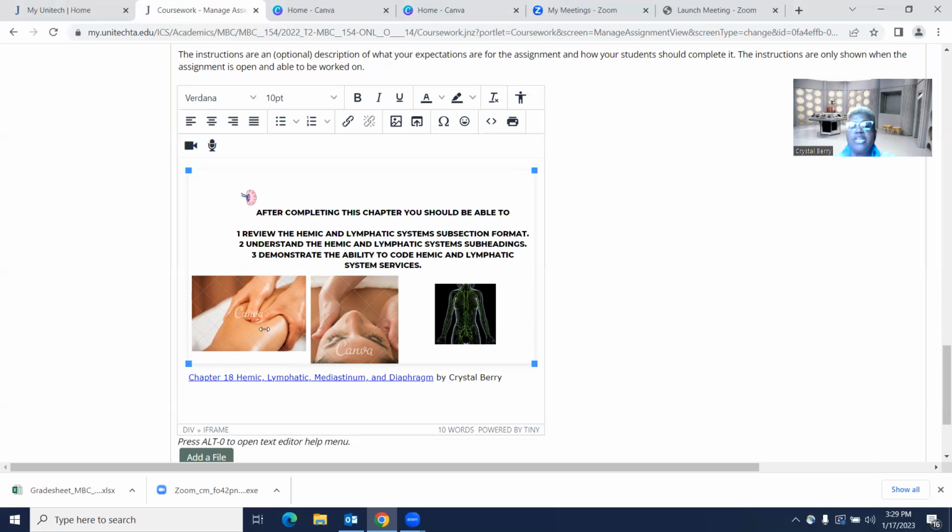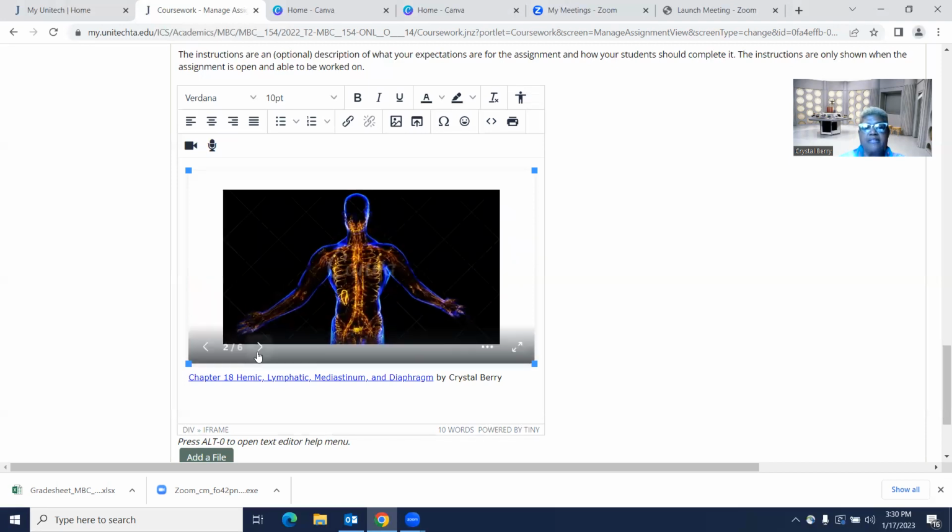They're showing you different areas where you can find the lymph nodes, how they feel for the lymph nodes on each side of the neck, and the overall body of the different channels in the hemic, lymphatic, mediastinum, and diaphragm. They're also showing the pressure used when feeling for any lymph nodes in the system.